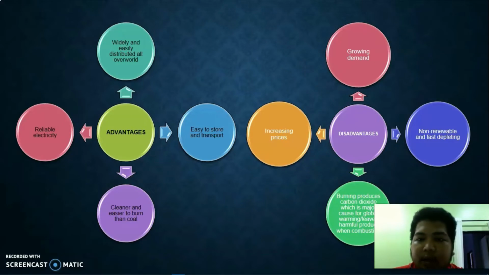This means that when the increased price and growing demand increase, it will also make the oil fast depleting, because people will use oil in their routine of life, in their routine daily.